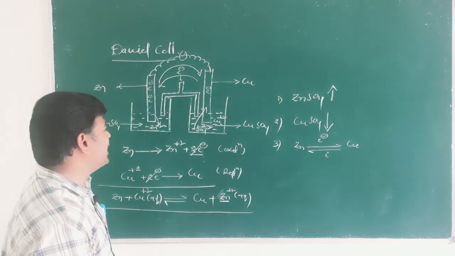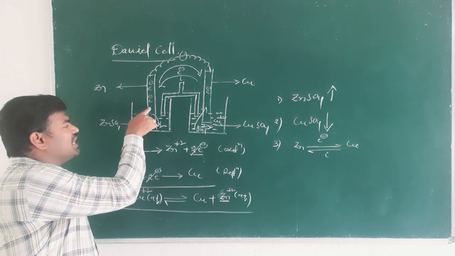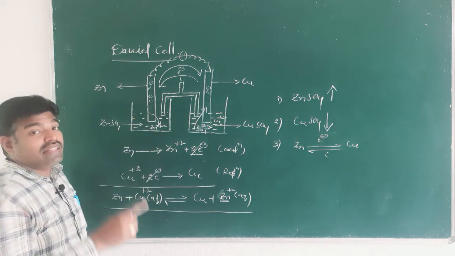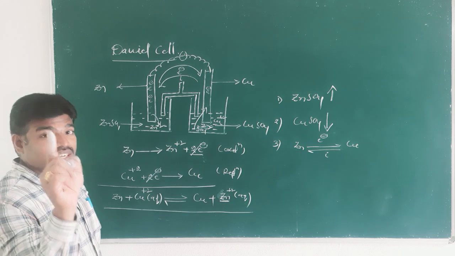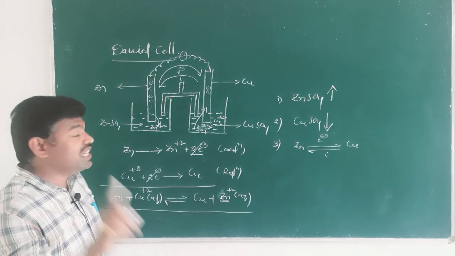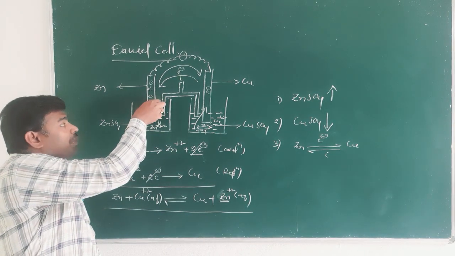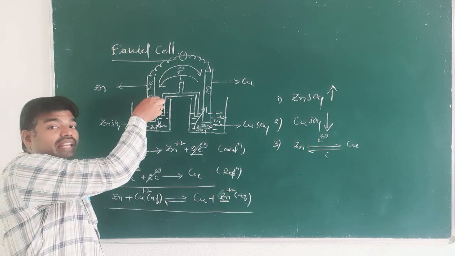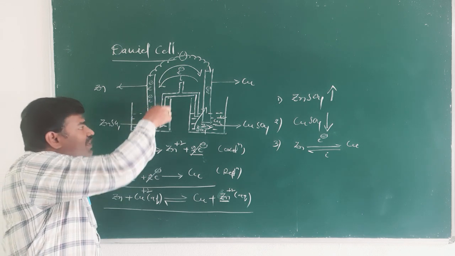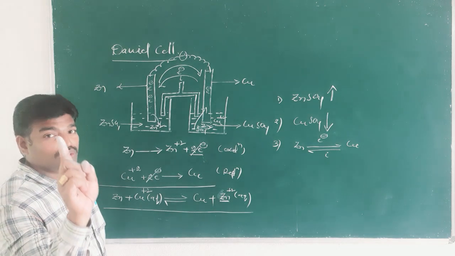And one more thing is that when the zinc rod is dipped in zinc sulfate solution, there exists a potential between the zinc rod and the solution, because the zinc rod acquires a negative charge and the zinc sulfate solution acquires a positive charge.